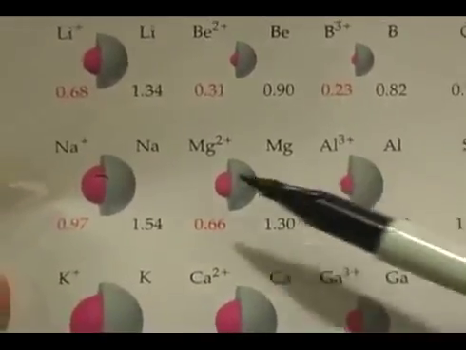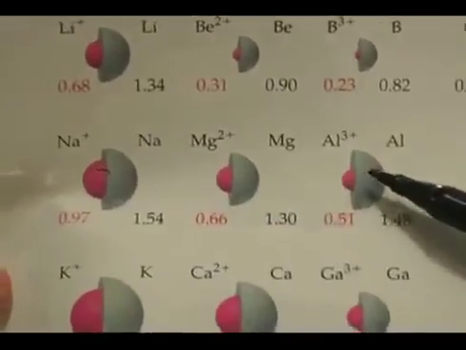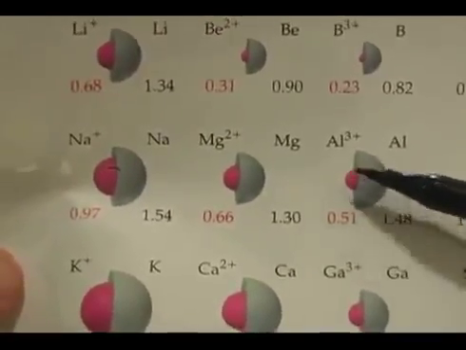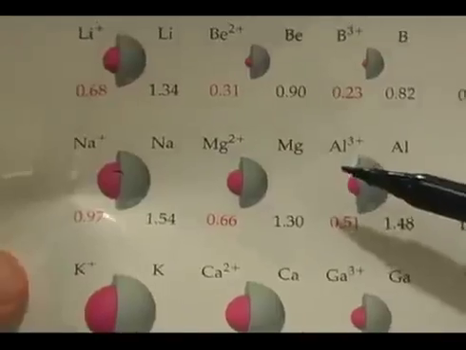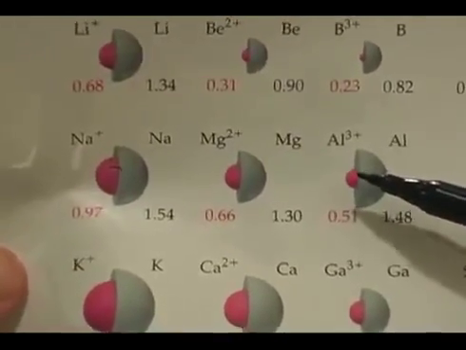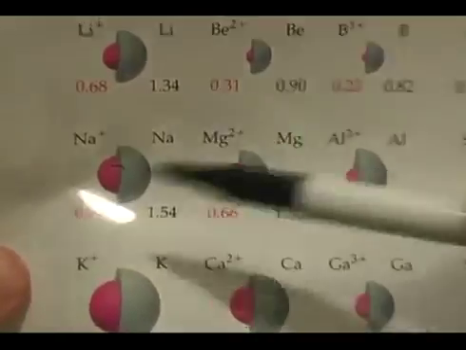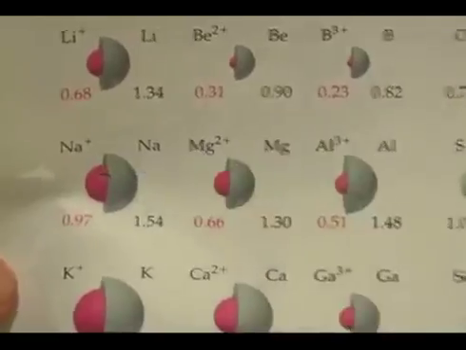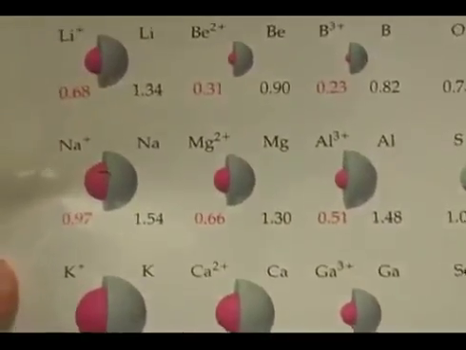Notice what happens to their size. The smallest one is Al3+. Why? Because aluminum has more protons in its nucleus, so it can pull those electrons closer, and the electrons that are left experience more effective nuclear charge. Sodium has fewer protons in the nucleus and only lost 1 electron, so it's a bigger ion in an isoelectronic series.